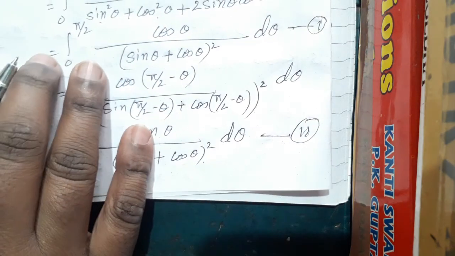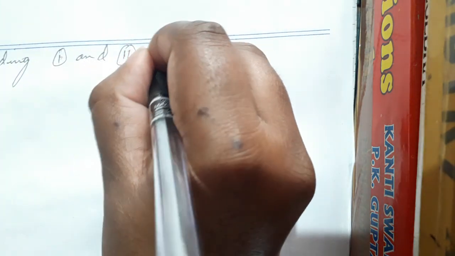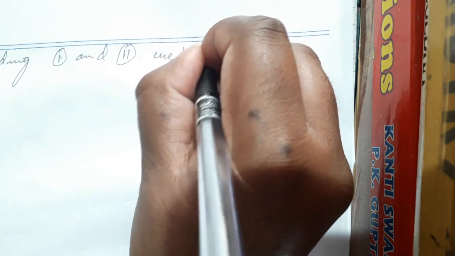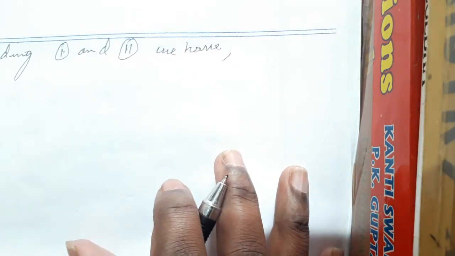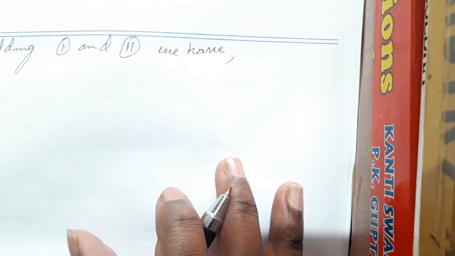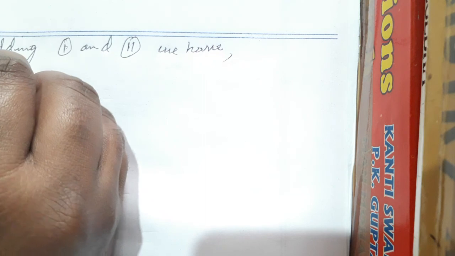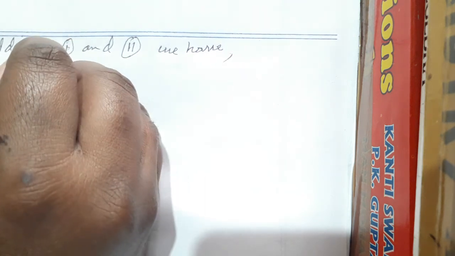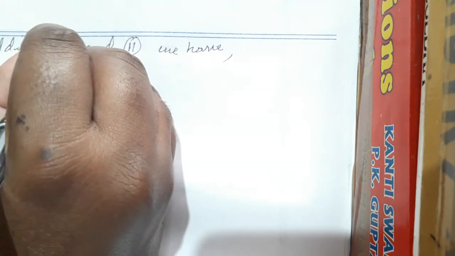Add these two equations together, adding 1 and 2. We have 2I equal to, I can take the limit together, so 0 to pi by 2.